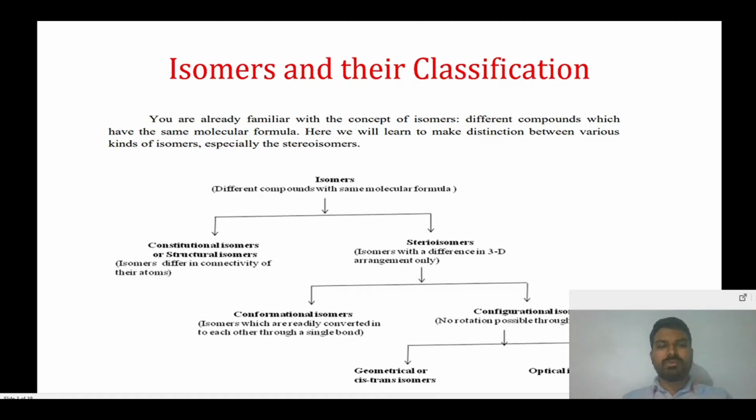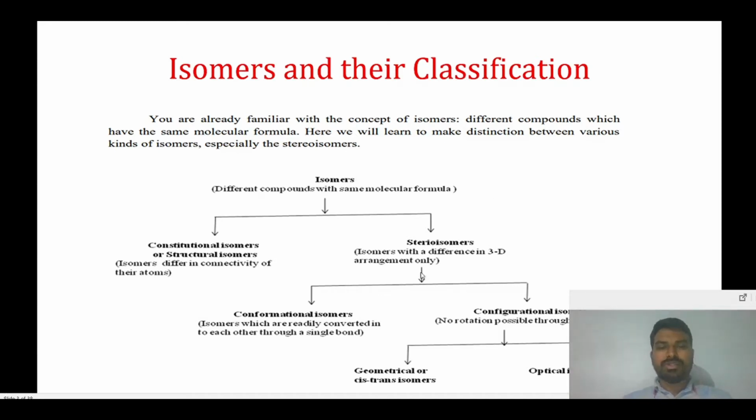Constitutional isomers differ in connectivity of their atoms. The atoms will be the same but the structural formula will be different. Stereoisomers are isomers that differ in 3D arrangement only.